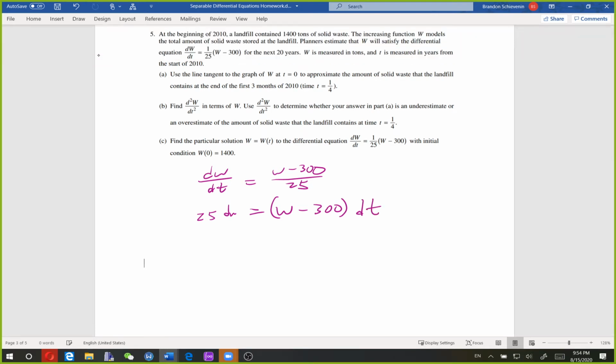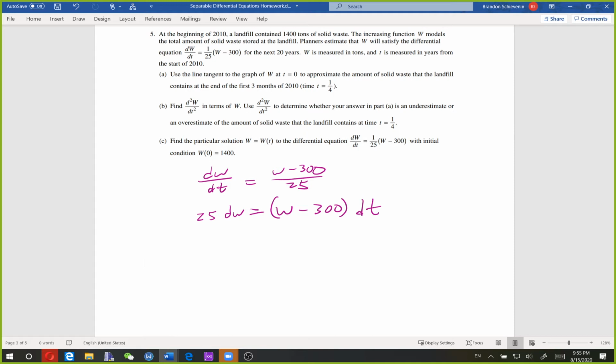But I have mixed variables on the right side still, so what do I need to do? Perfect.